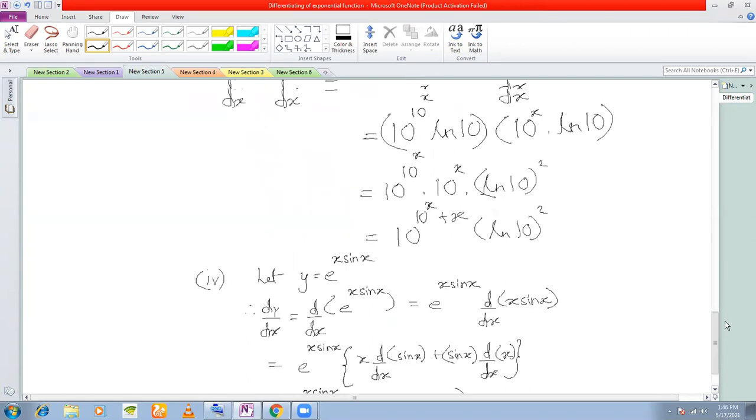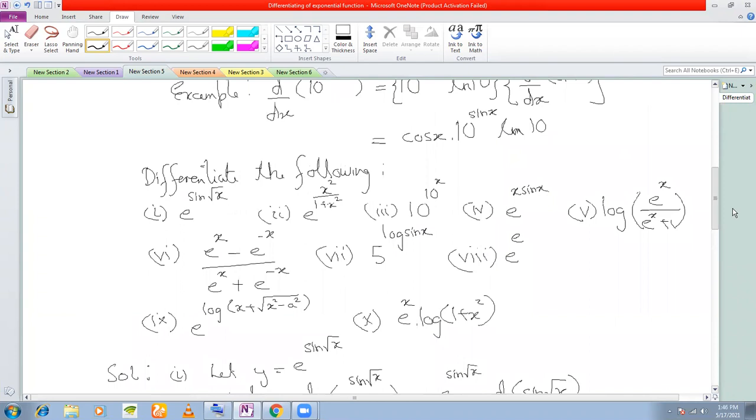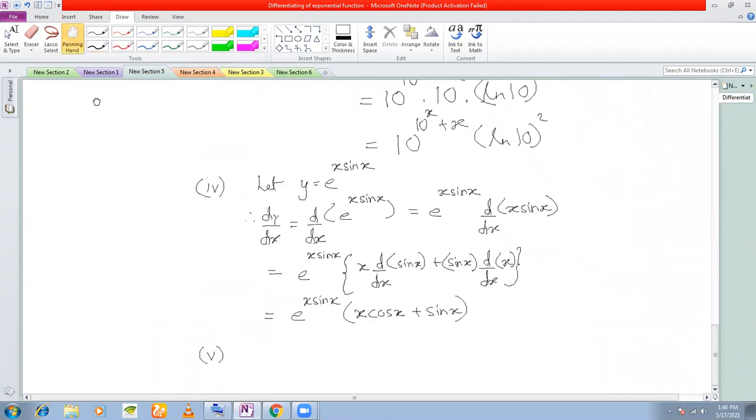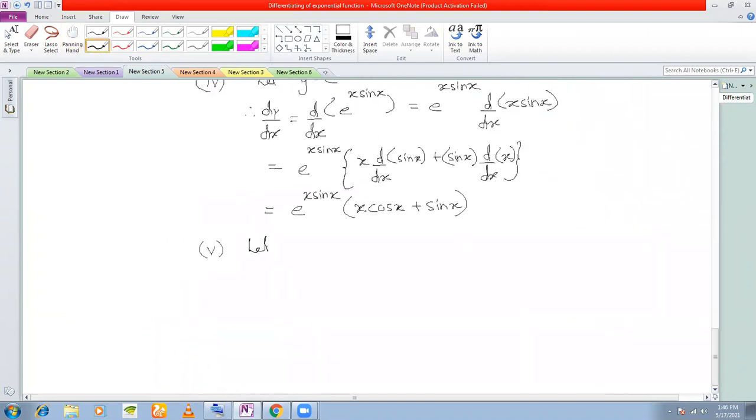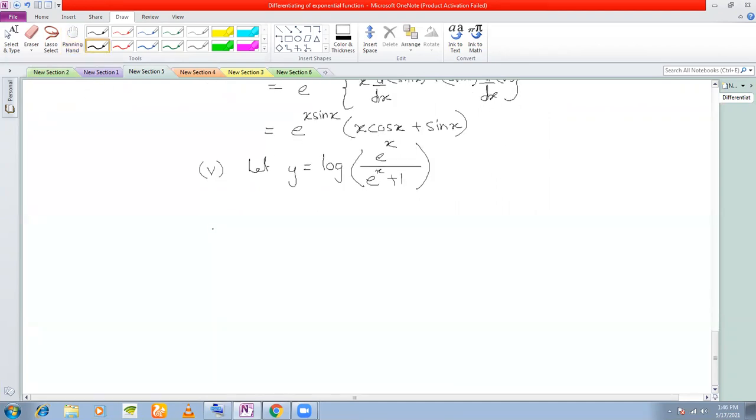Move on to the next one, which is log of e to the power of x by e to the power of x plus 1. Therefore, dy/dx is d/dx of log of e to the power of x by e to the power of x plus 1.